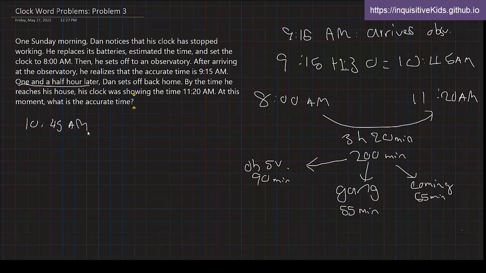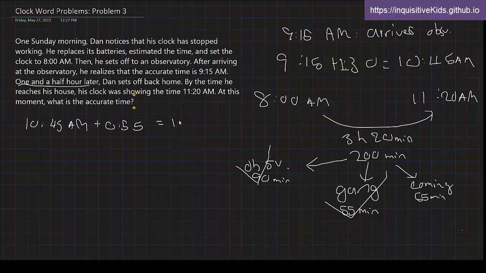And you can do this with 9:15 as well. I'm just picking this because it's closer. And by 10:45, he has already been at the observatory and he has already gone to the observatory. So he's coming back, and it's going to take 55 minutes for him to come back. So how much would that be?